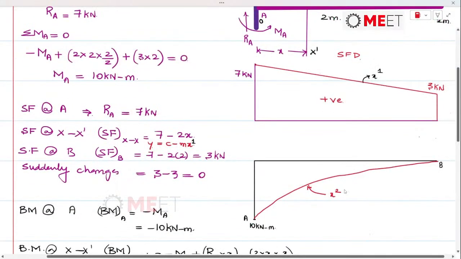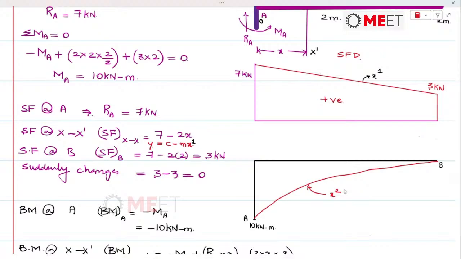That pattern follows as we keep on computing the parameters. So this is one way of recognizing or analyzing the patterns hidden in the SFD and BMD, and whatever the case you consider, whether it is a cantilever beam or simply supported beam, the same situation follows.